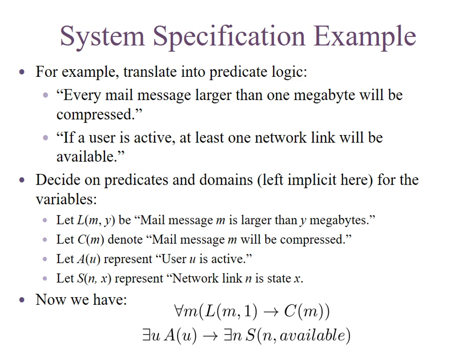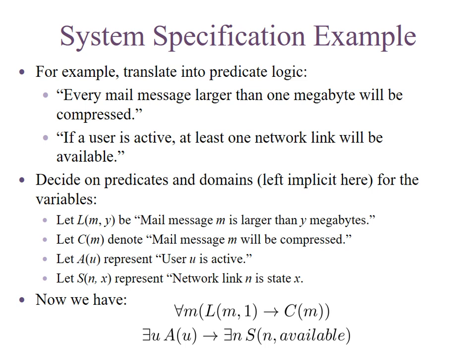All right, next let's see another example for system specs. We can use predicate logic to design a very complicated system spec using different variables. So let's see this example. Every mail message larger than 1 MB will be compressed.